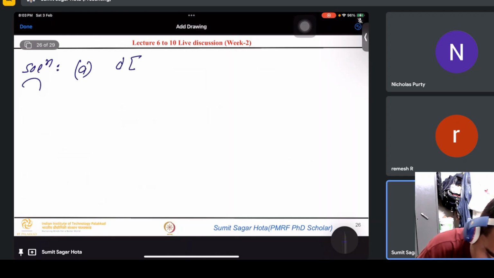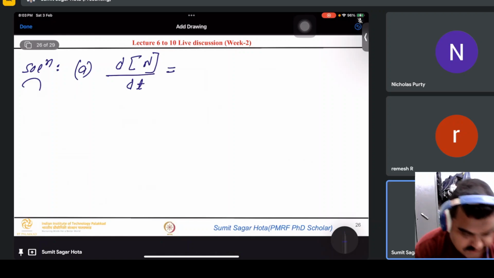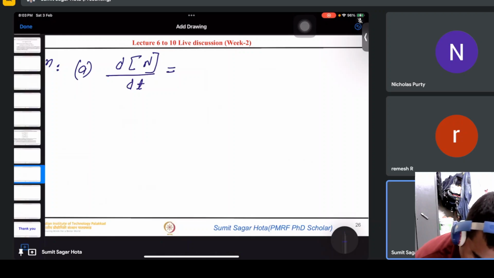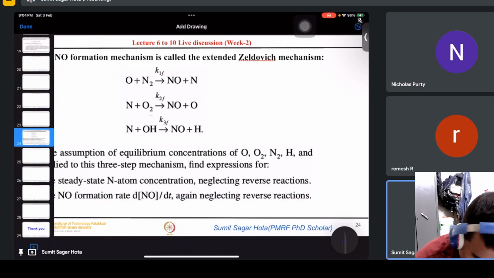We know dN by dt. Okay. How do we find out the dN? You have to see where there is a nitrogen atom, not nitrogen molecule, nitrogen atom. In the first reaction, the reactant is the nitrogen molecule, but the product is the nitrogen atom.